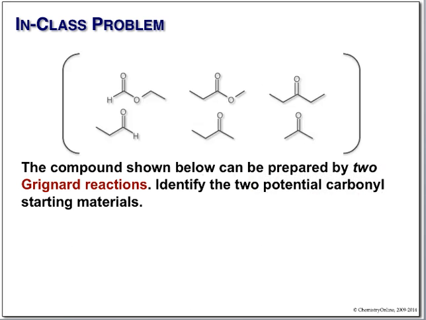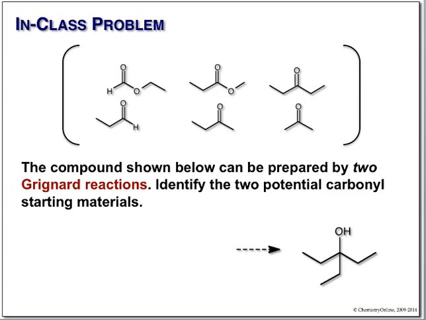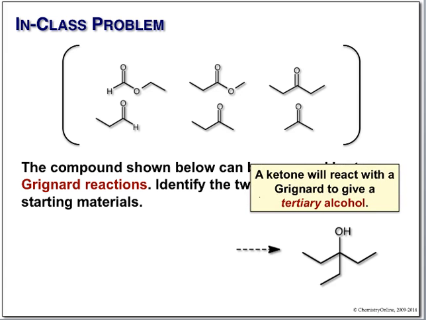All right, now we have a tertiary alcohol. We can make a tertiary alcohol 2 ways. From a ketone or from an ester. Let's do the ketone. Now if you look at a tertiary alcohol, all 3 arms are the same, aren't they?